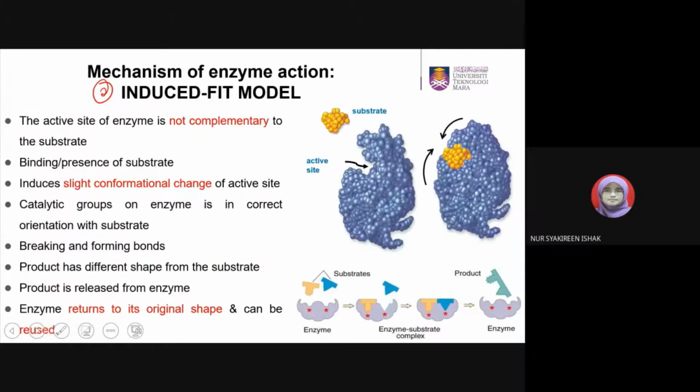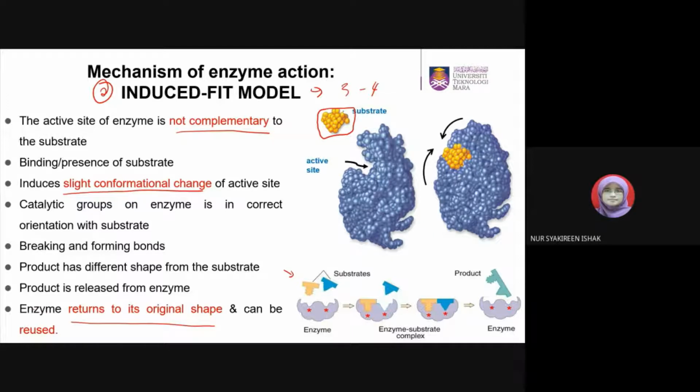The same goes for explaining the induced fit model. The question is usually worth 3 or 4 marks. When you are explaining induced fit, the words that I highlighted here are really crucial for you to mention in your answer. For induced fit, the active site of the enzyme is not complementary to the substrate initially. I added a new diagram, though the original diagram should be enough.